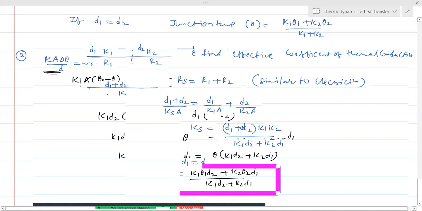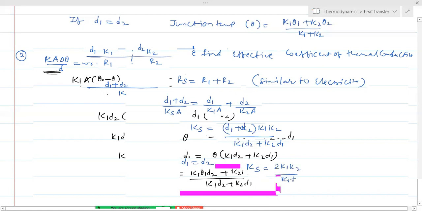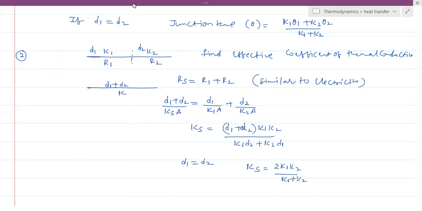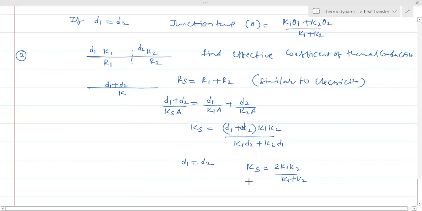If D1 equivalent to D2, we are going to have Ks equivalent to 2K1 K2 by (K1 plus K2). So this is another formula we need to remember.